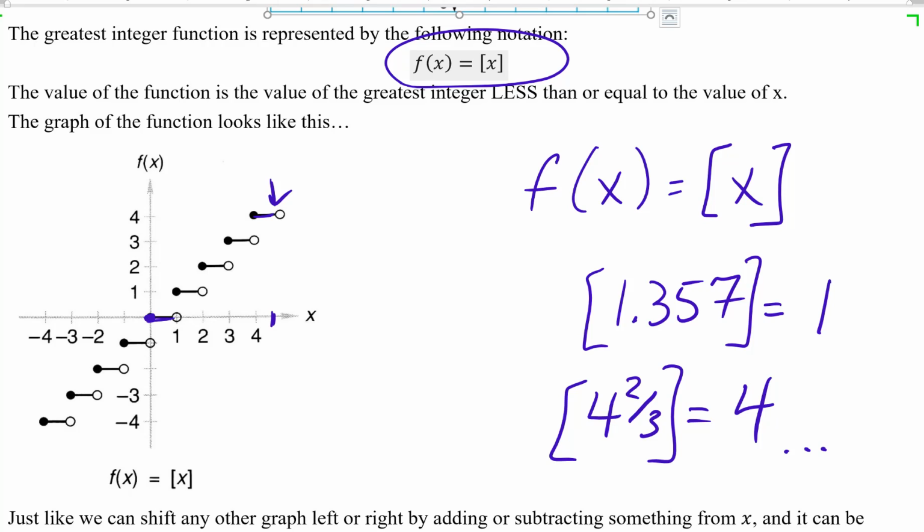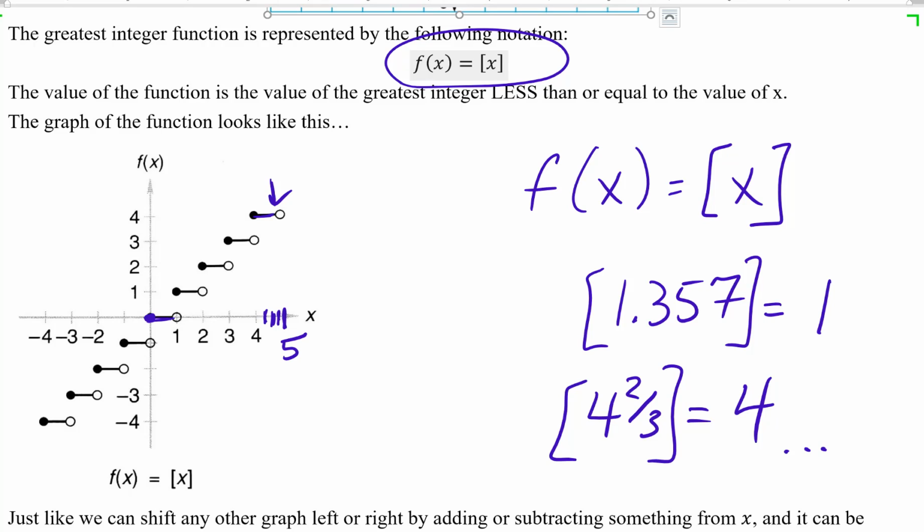Okay, so all the points on this little piece of the graph, y is always 4, because it doesn't matter what x is, as it goes all the way from 4 up to 5. Whatever x is in this place here, 4.2, 4.99999, 4.876, 4.5, 4 3/4, all those places between 4 and 5, not including 5 and including 4, all those values are 4, because the greatest integer that is less than or equal to 4.5 is 4.